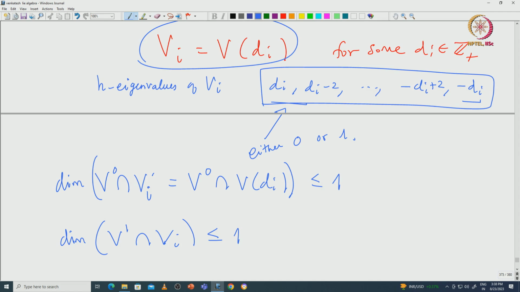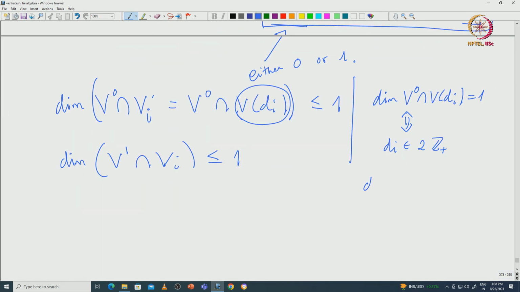It will be exactly one dimensional when 0 occurs inside this V d i. Okay. So, for that d i must be even. So, you can see that the dimension of V 0 intersection V d i is 1 if and only if d i is even.